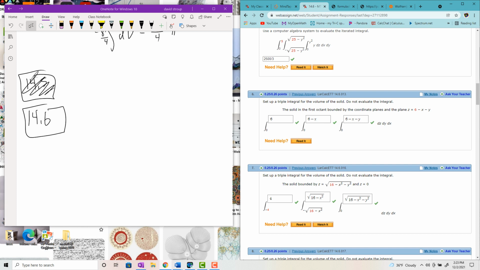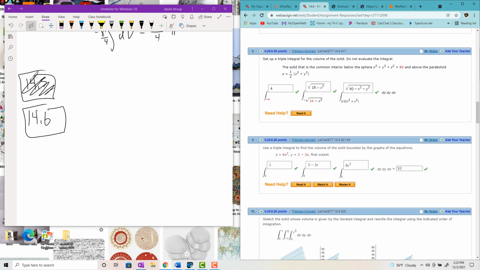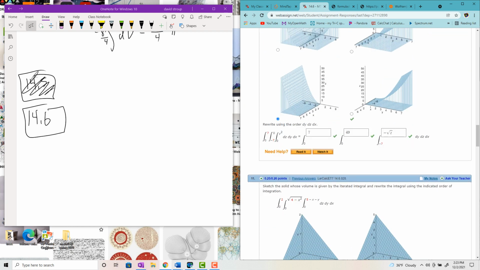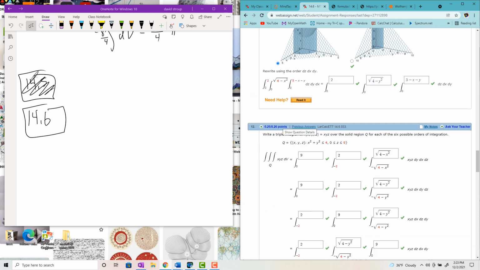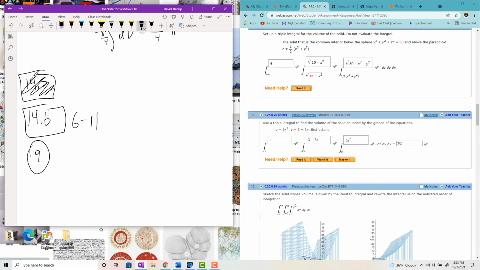So like 6 all the way to 11. And I'll look at number 9. So use a triple integral to find the volume of this object. z equals 6x squared, y equals 3 minus 3x in the first octant.